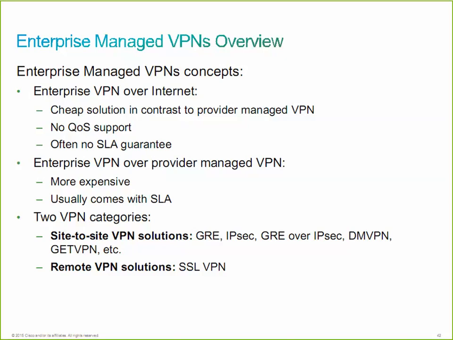That could be GRE with IPSec, DMVPN, GETVPN, and IPSec VPN. And all those are examples of that. They provide virtual tunnels to forward traffic from the branch location to the corporate location, and then also add in the security functions and the features that we would expect to provide for the CIA triad: confidentiality, integrity, and availability.